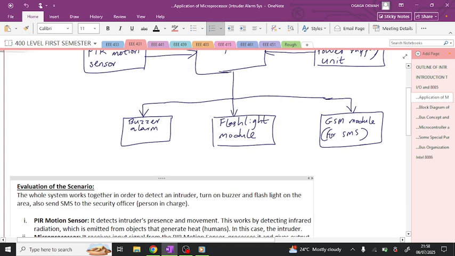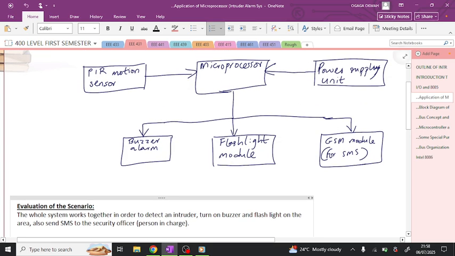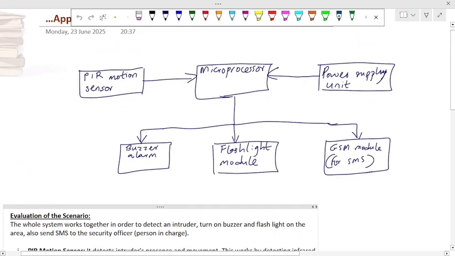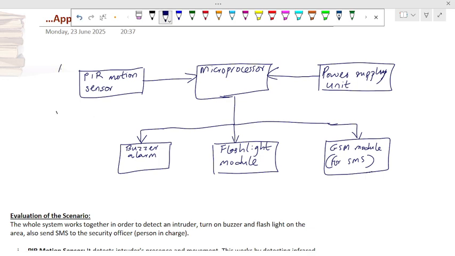So when someone gets to that particular restricted area, the motion sensor will detect the person and then send a signal.